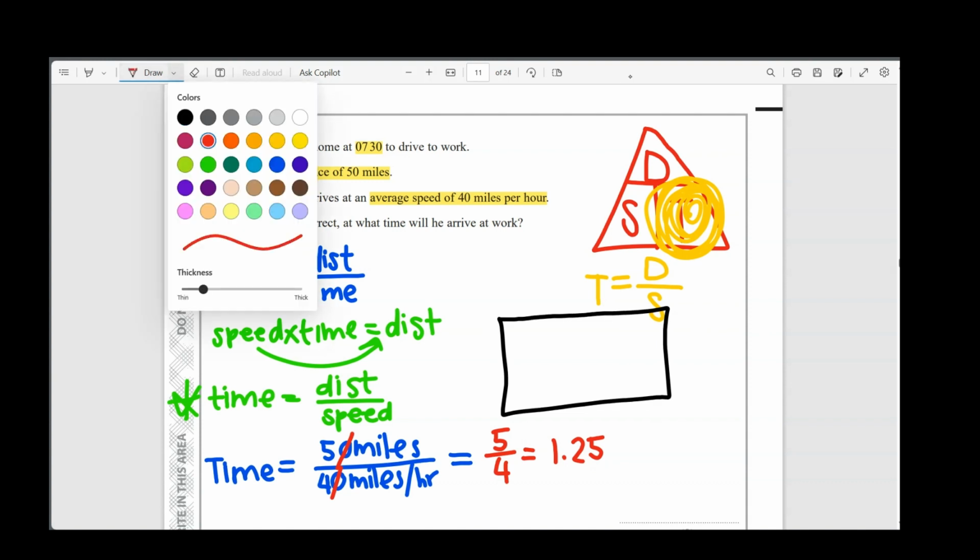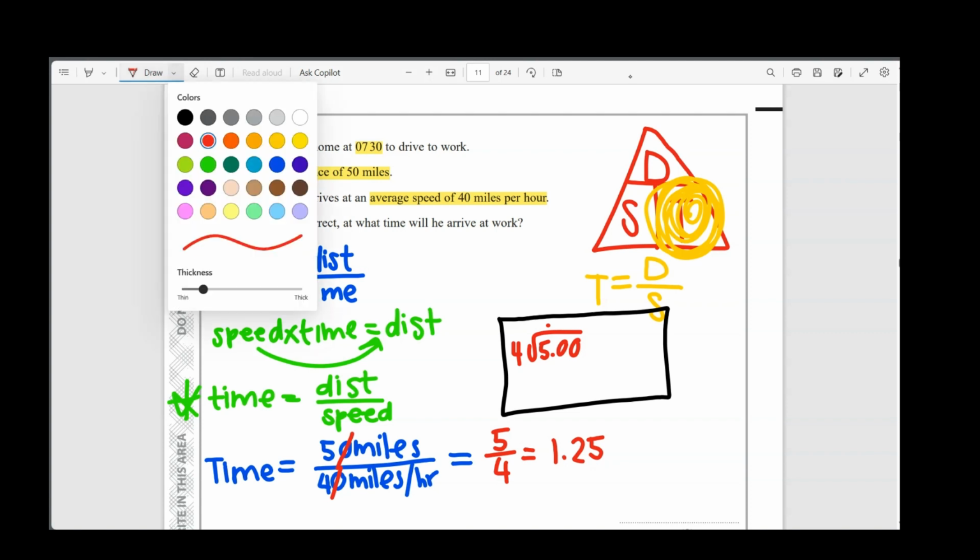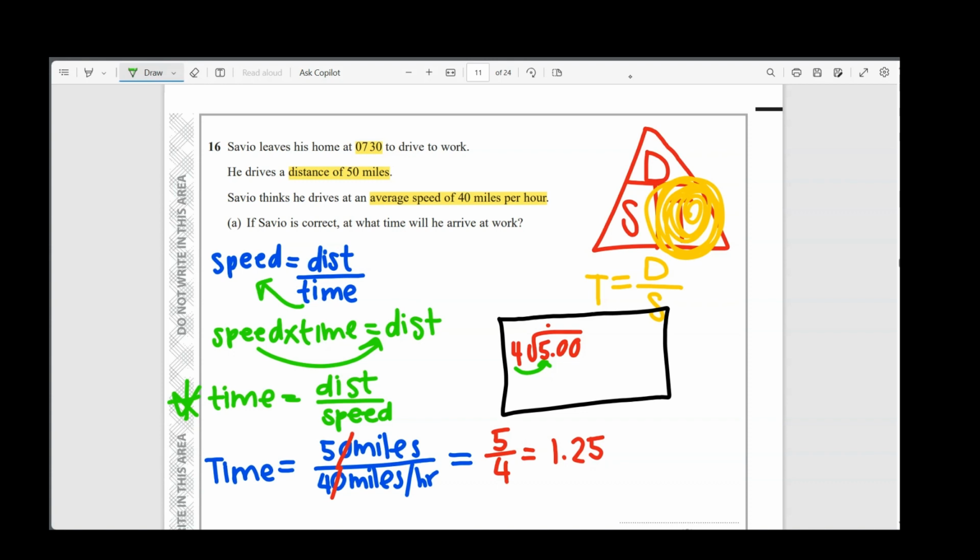Okay, what you're going to do is say 5 divided by 4. We know it's going to be a decimal, or we think it's going to be a decimal. So we're going to add in a decimal place straight away and some zeros. And then how we work this out is we always say, how many times can 4 fit into 5? So it can fit into 5 one time, and there's a remainder of 1. How many times can 4 fit into 10? So the 1 and the 0.